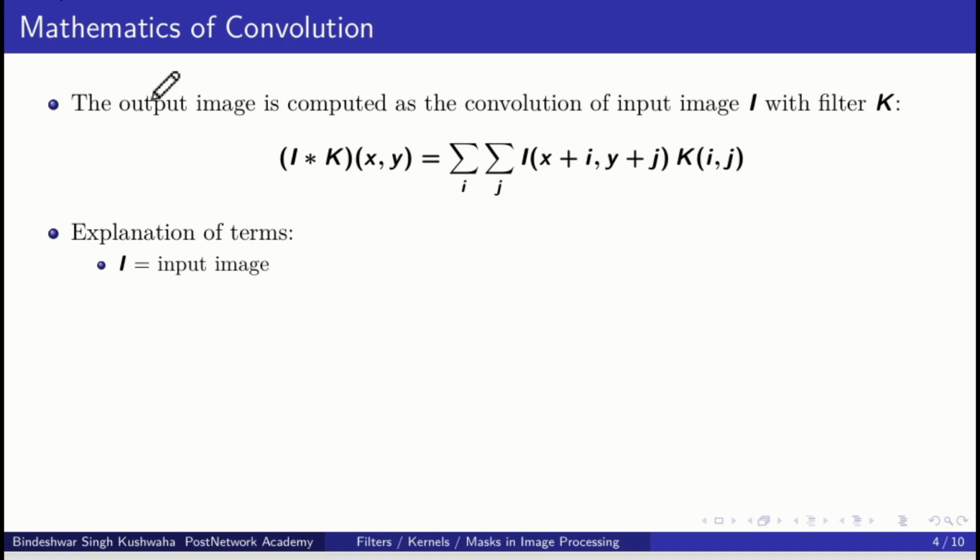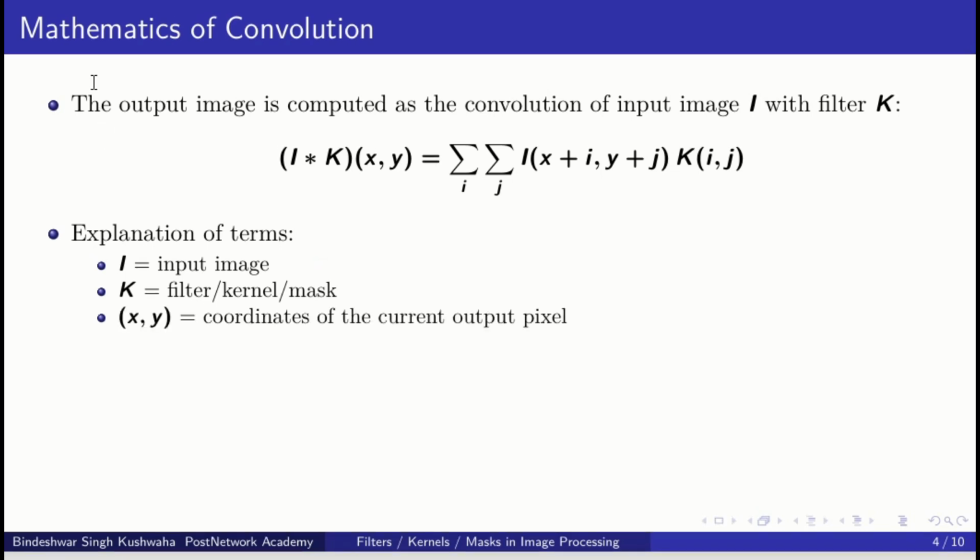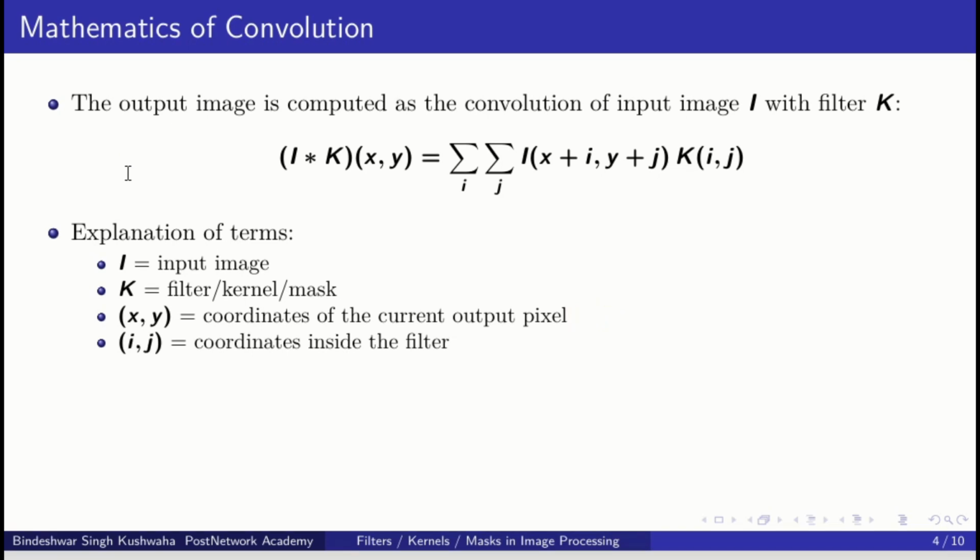I is the image, also called the input image, k is the filter, kernel or mask, x,y are the coordinates of the current output pixel, and i,j is a coordinate inside the filter.